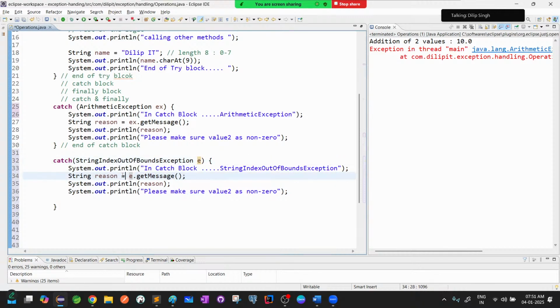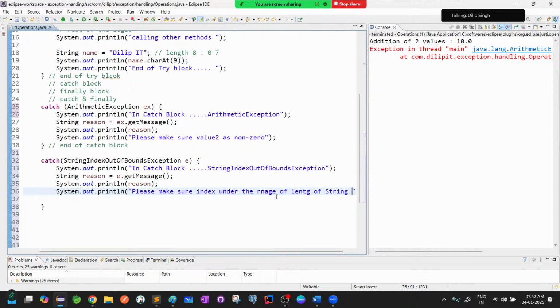And please make sure the index is under the range of the length of the string. You can give a meaningful message like that.